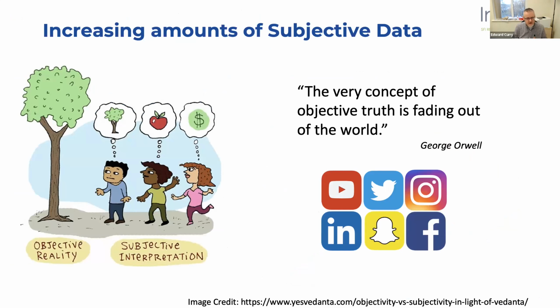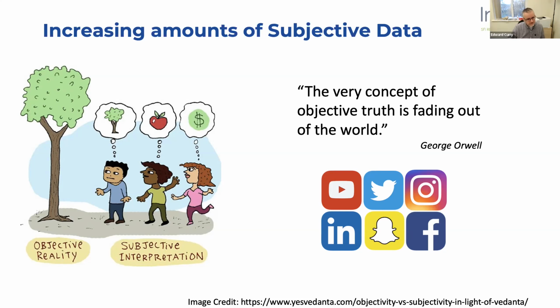So again, computer scientists, engineers, you're always thinking things are very objective, things are black and white, they're yes and no. But the reality is, as we look at the data that's created about our world, created by users and on users, what we actually see is that there's an awful lot more subjectivity out there. There's a quote there from Orwell that talks about the concept of objective truth fading out of the world.